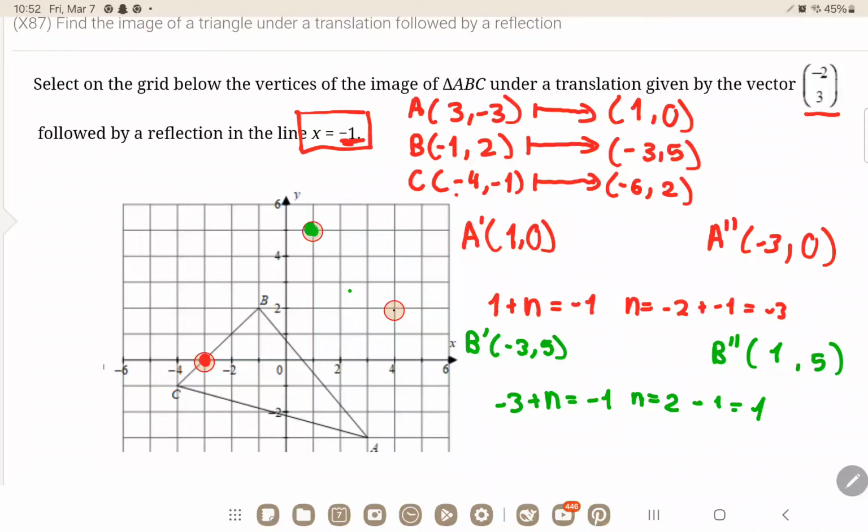Here. Let's do the same one more time for C. So C prime is -6, 2. So C prime prime would be something, 2.